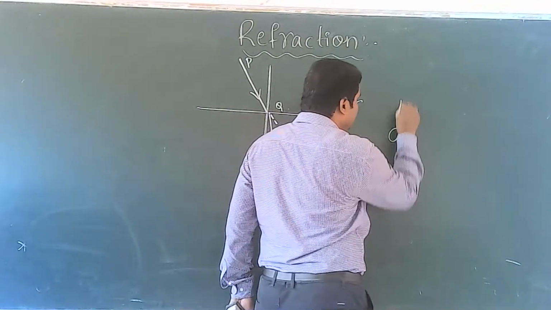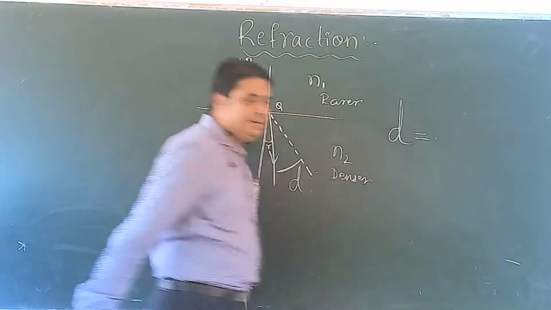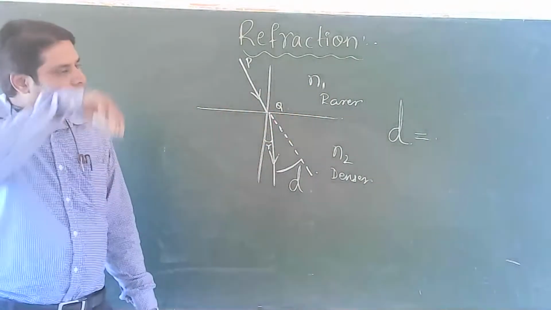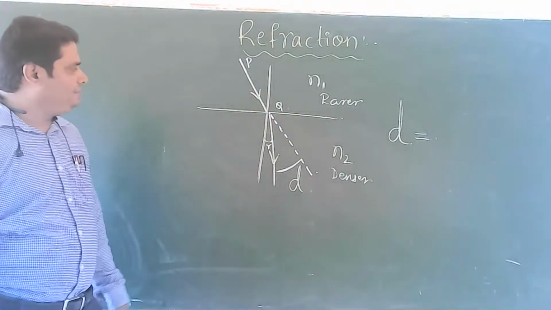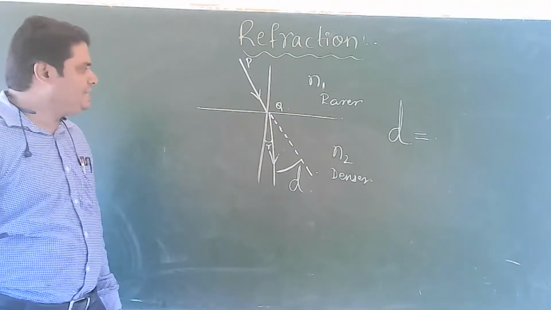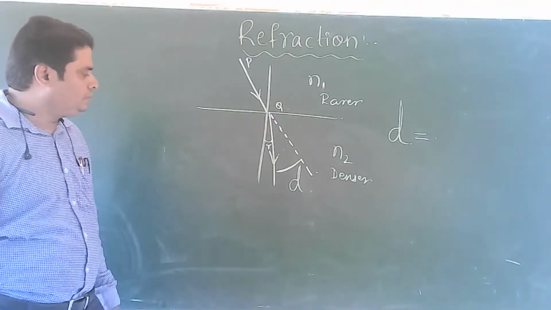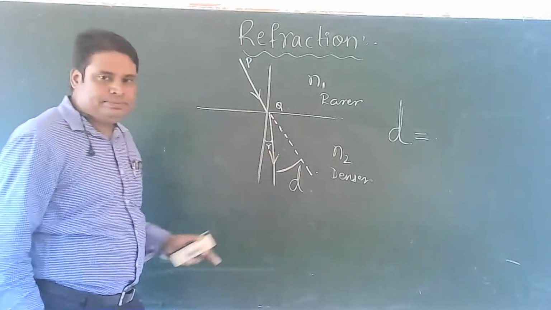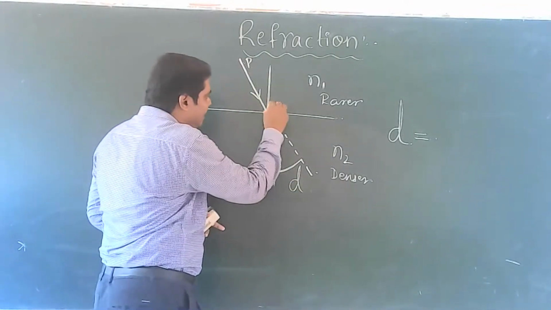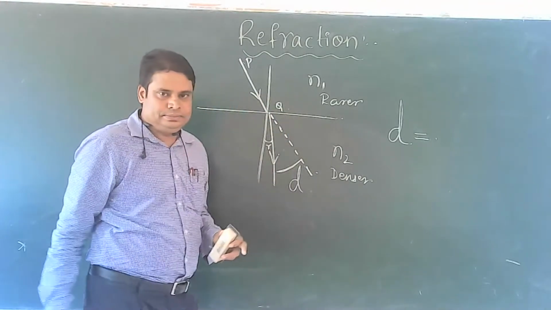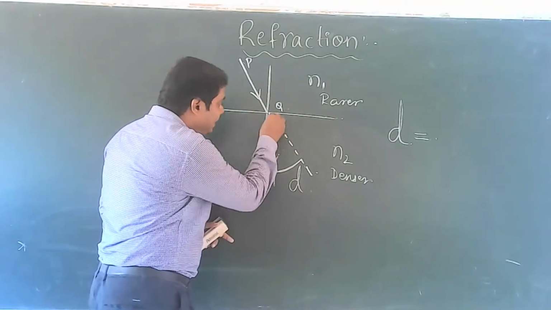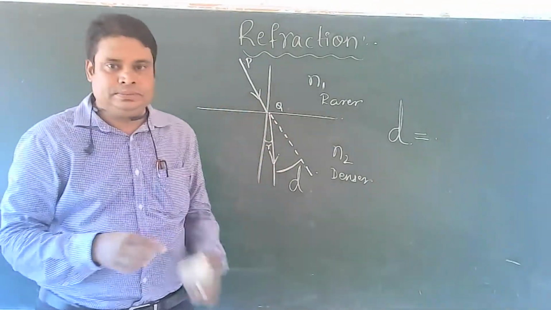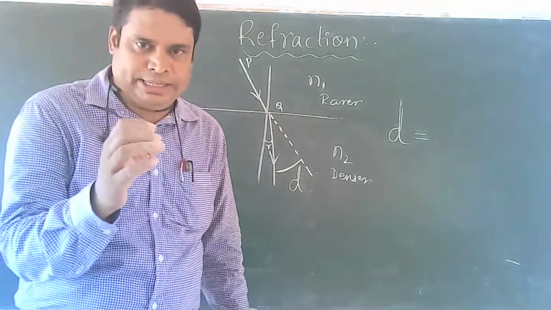Deviation is defined as the angle between the incident ray extended and the refracted ray.